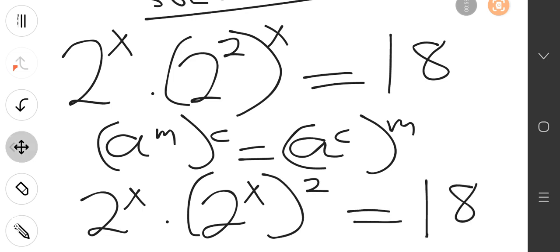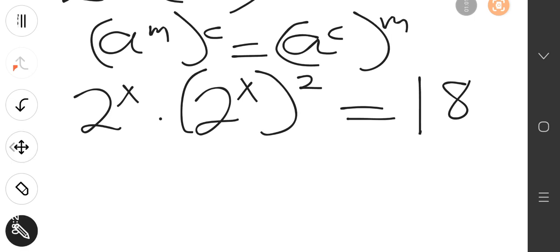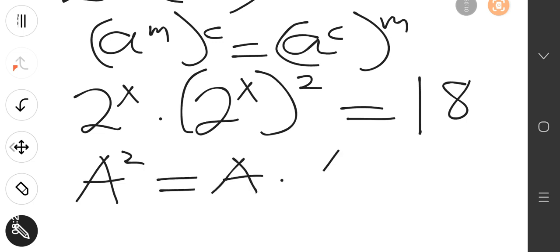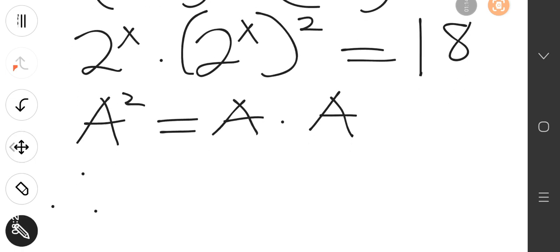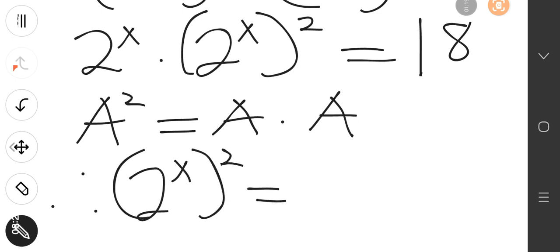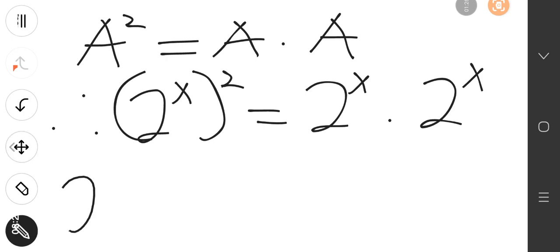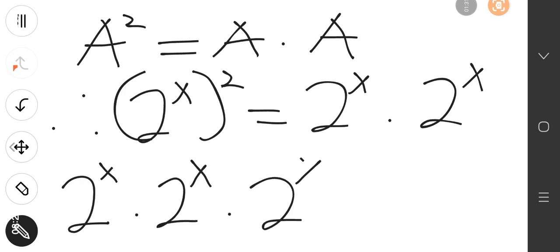Now, if you have a squared, a squared is the same as a times a, therefore 2 exponent x squared equals 2 exponent x times 2 exponent x. So our equation becomes 2 exponent x times 2 exponent x times 2 exponent x equals 18.